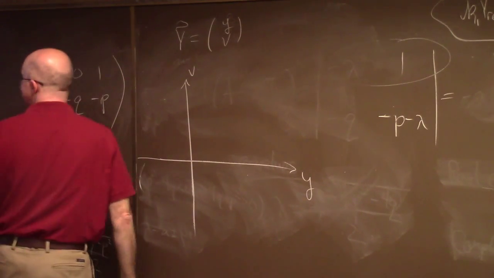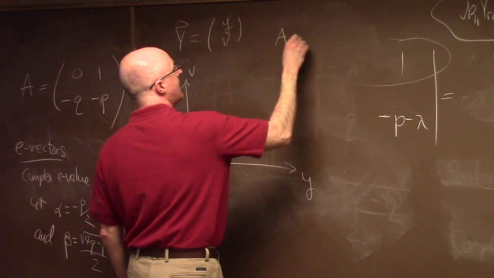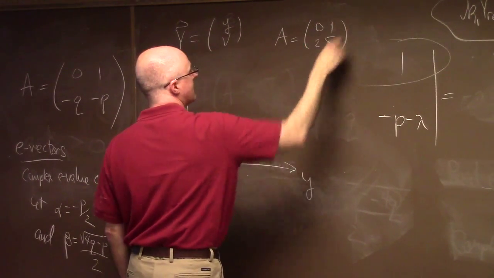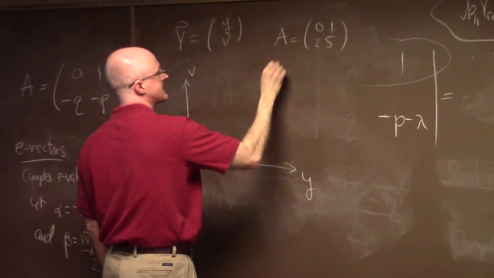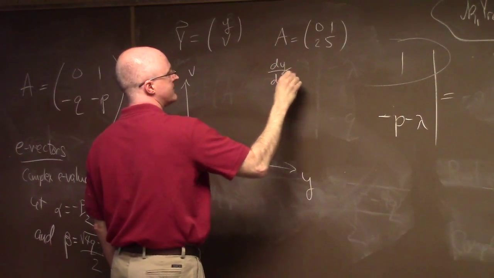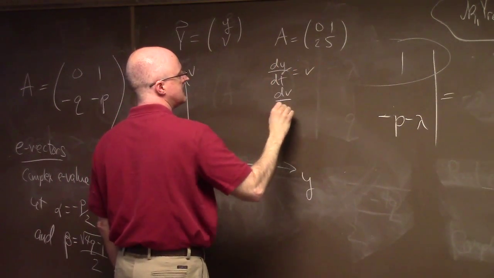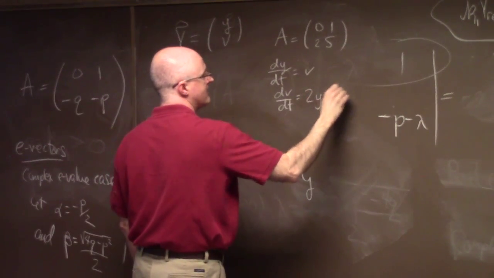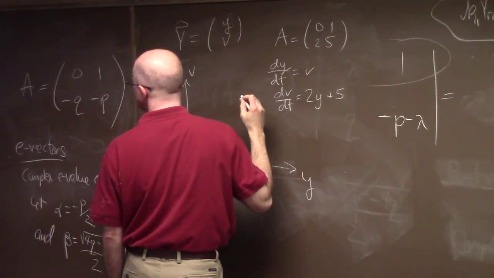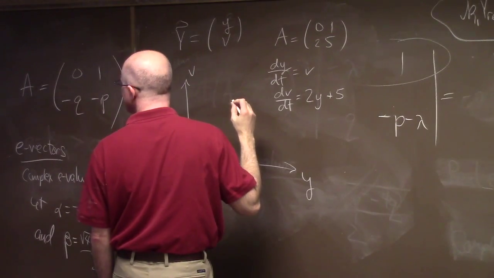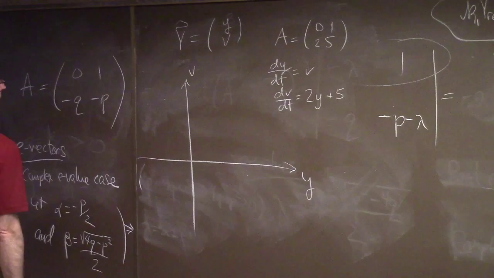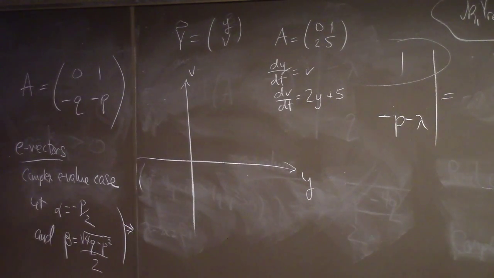The matrix, again, is 0, 1, 2, 5, corresponding to the system dy/dt equals v, dv/dt equals 2y plus 5... excuse me. Oh, I made a mistake, didn't I?